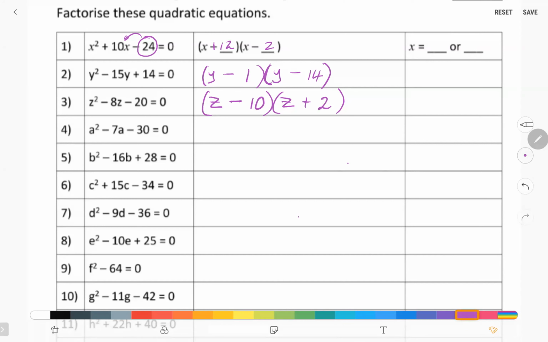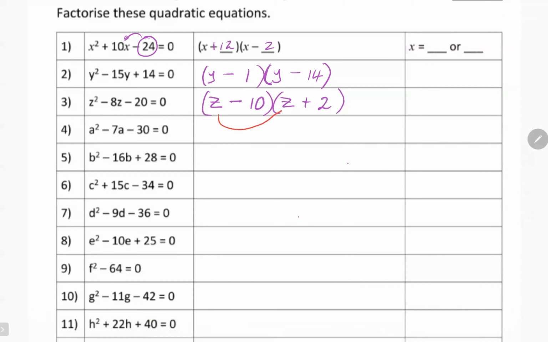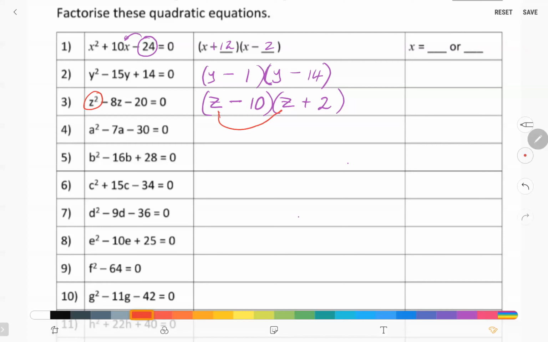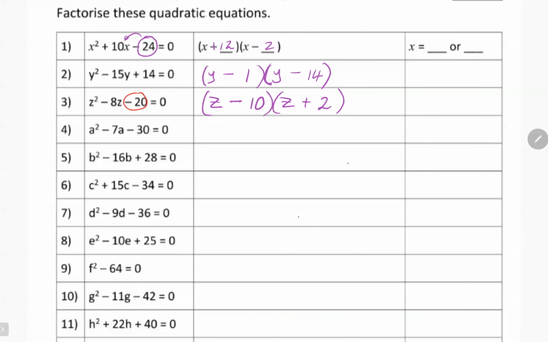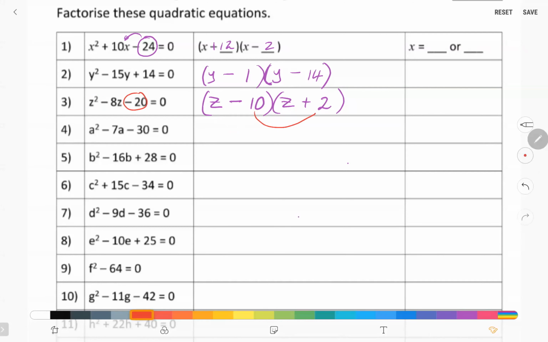Let me show you how you can check if it's correct now. Watch this. The product of the first two terms gives you that, which is correct, right? Now the third term is the product of the second two terms. This is negative 10 times 20. That is correct.